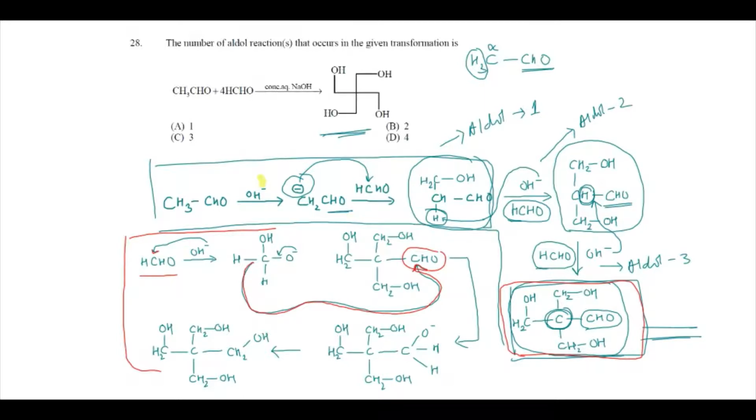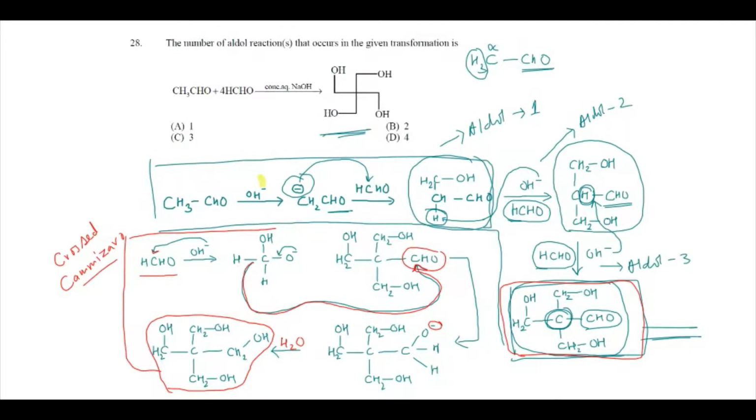And then there will be a negative charge here, and this negative charge is going to take a proton from the medium to form our final product. So, this step is not an aldol condensation, this is a crossed Cannizzaro reaction.